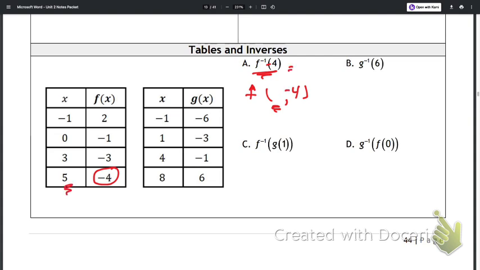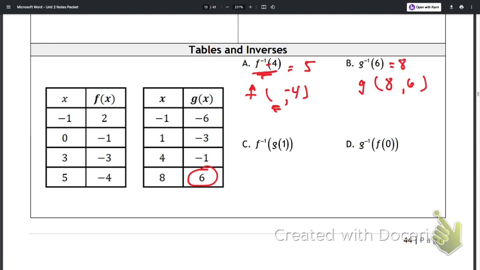So this answer here is just 5. On the next one, we're going to look and see, for the g function, if this is the inverse, it will be the y value of the original function. So you go over here to the g function when the y is 6 and the x value is 8. So my answer here is 8.